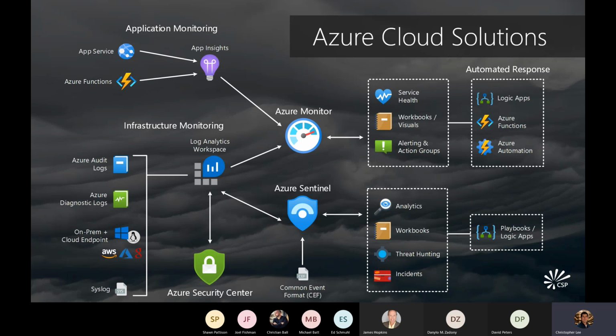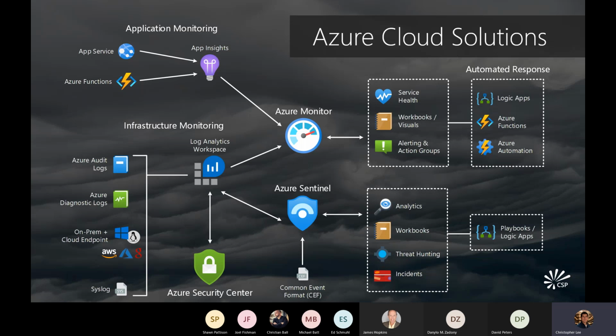But the main thing to note about Azure Monitor is that it is just that, a monitor of the events. It's not using any machine learning or advanced capabilities to analyze the data on its own. It's just triggering alerts and automation that you define based on what you want it to see.